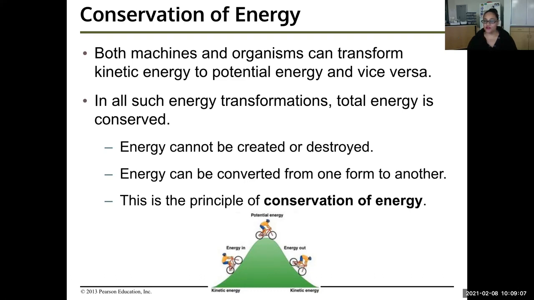Energy just gets converted from one form to another. The principle is called conservation of energy. If you ever take physics, you'll get into this a lot more. For now, we just know that energy takes different forms, cannot be created or destroyed.